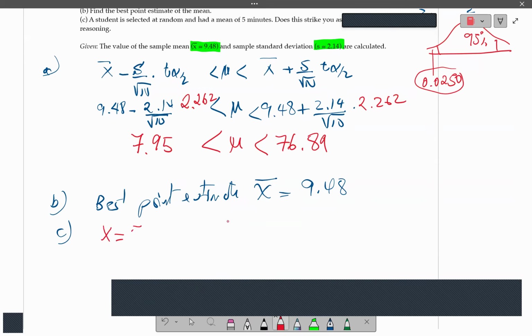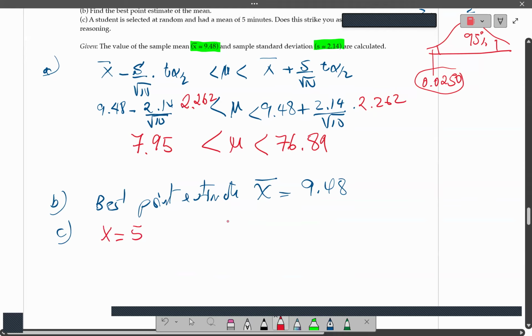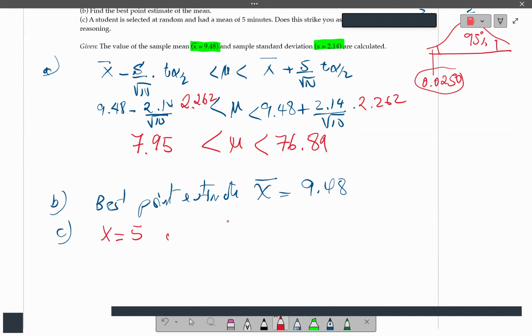So where is 5 located? Is it inside or outside? It's out of the range 7.95 and 76.89.